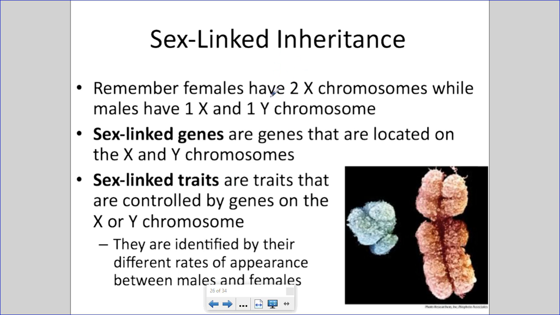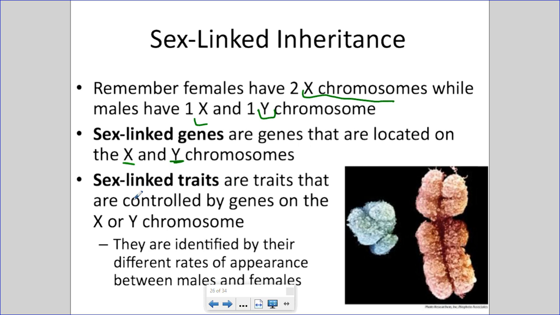Remember that females have two X chromosomes, that's what defines them biologically as female, while males have one X and one Y chromosome, which is what defines them biologically as males. So when we talk about sex-linked genes, these are genes that are located on the X and Y chromosomes.